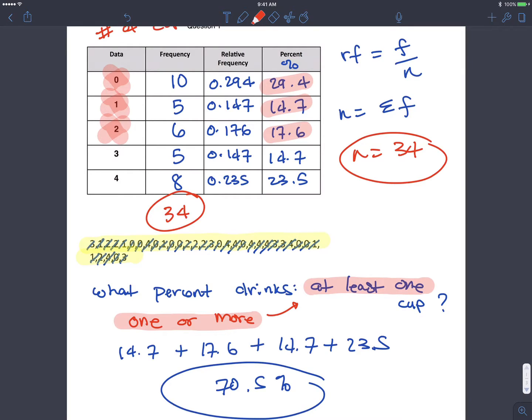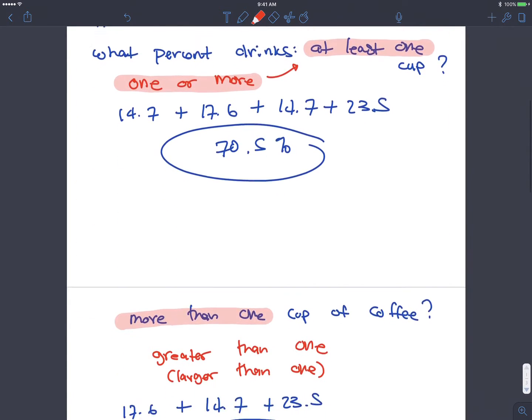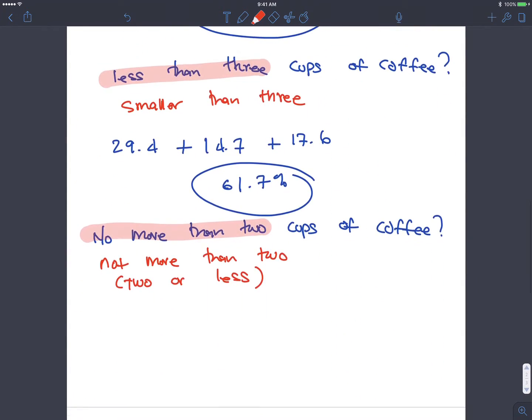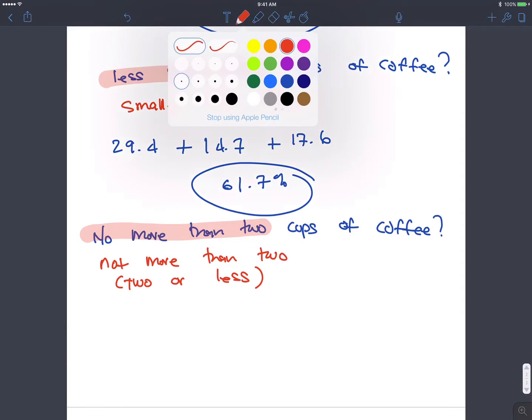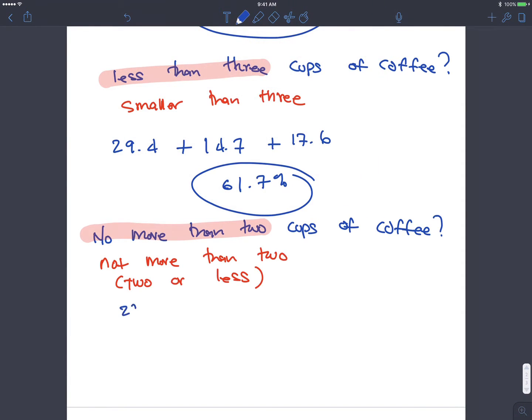So all the associated percentages for these data values that are not more than 2, we're going to do the same work here. We add 29.4% plus 14.7% plus 17.6%, and we end up with, again, 61.7%.